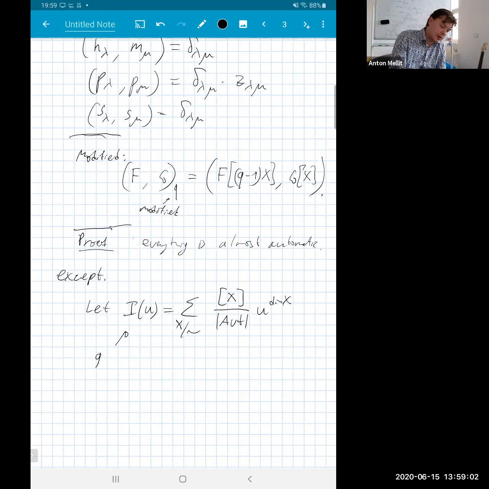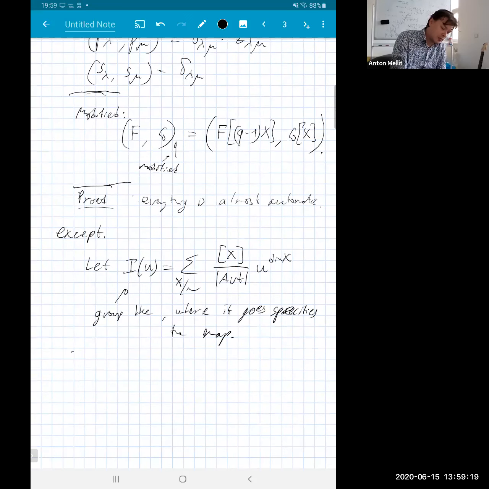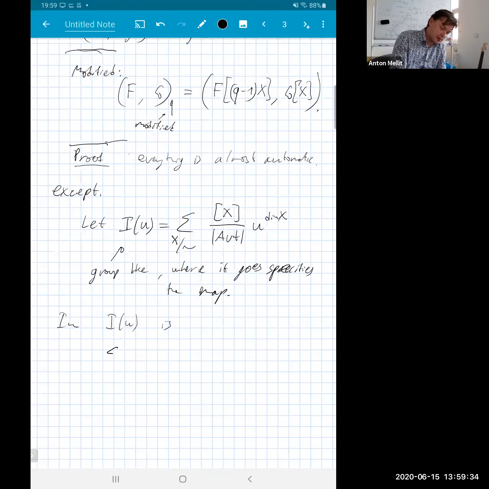So where this group-like element goes specifies the map, and then what you want to do is compute the image of I of u, which is now the sum of. Right, you have to compute the image of this.